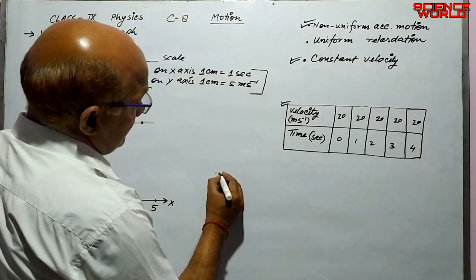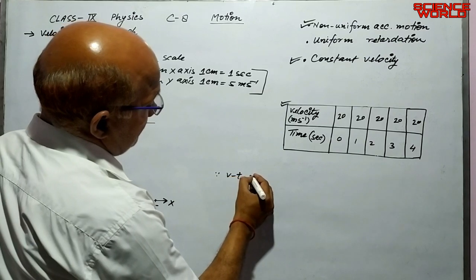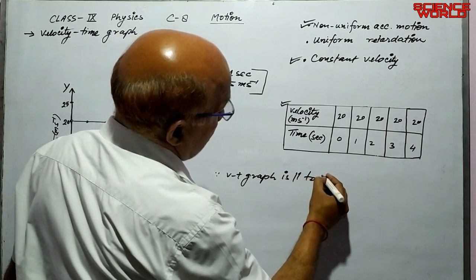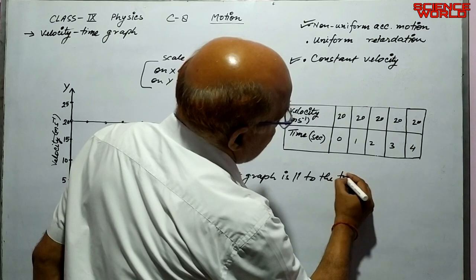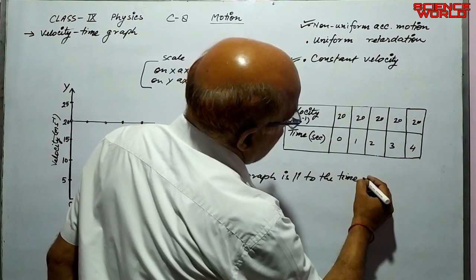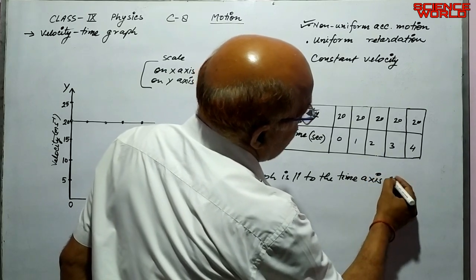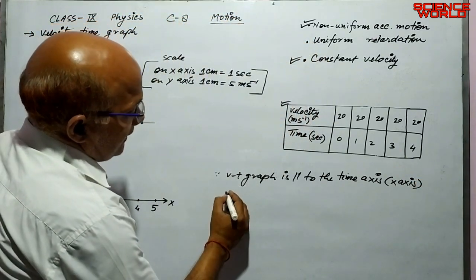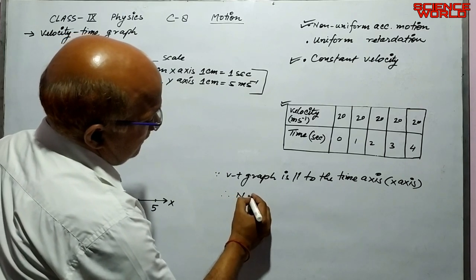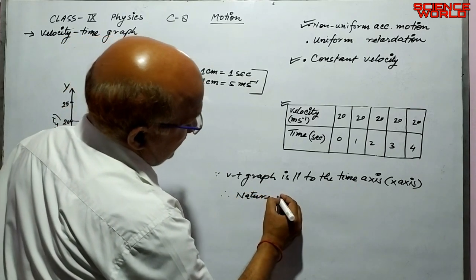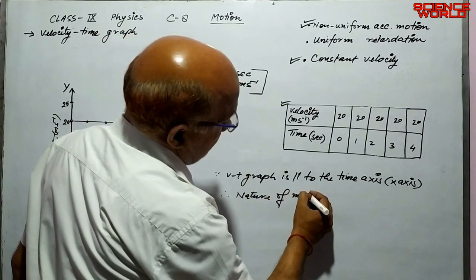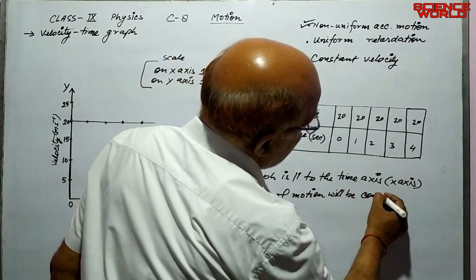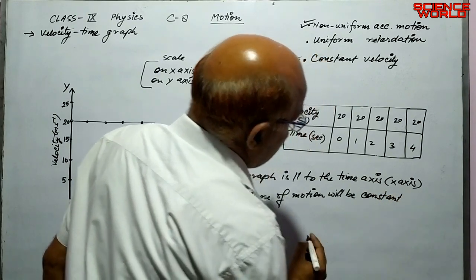So since the VT graph is parallel to the time axis, that is the x axis, therefore the nature of motion will be constant velocity.